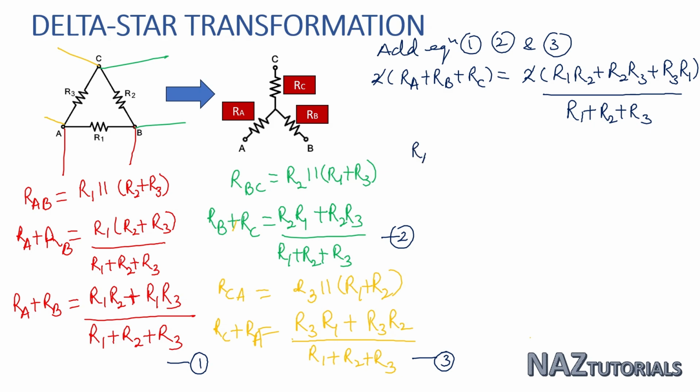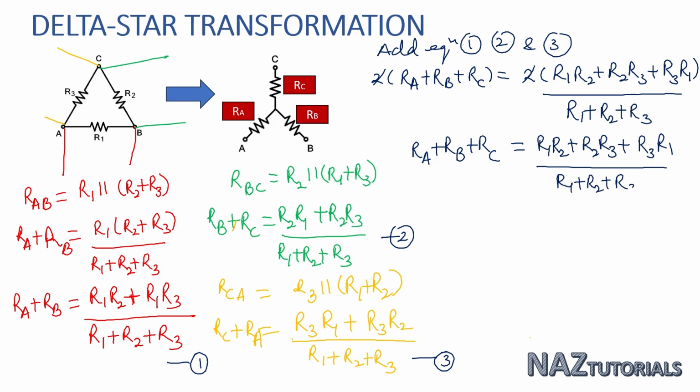So our equation will be RA plus RB plus RC is equal to R1 R2 plus R2 R3 plus R3 R1 divided by R1 plus R2 plus R3. This is our equation 4. If you see this equation 4, you can derive RA, RB and RC directly.